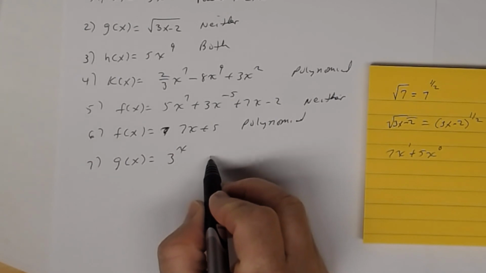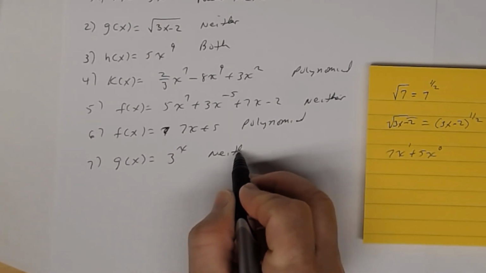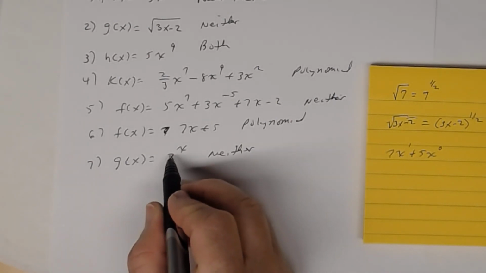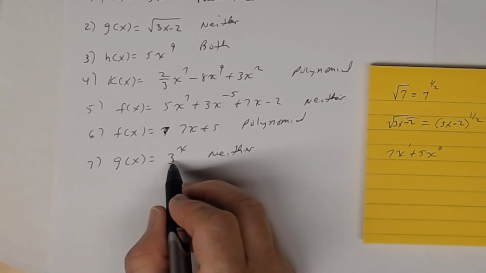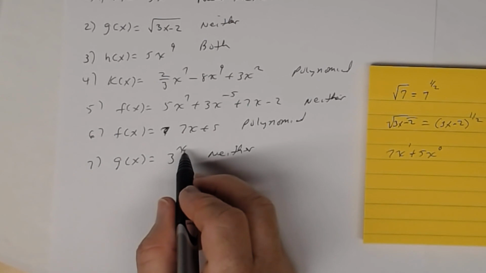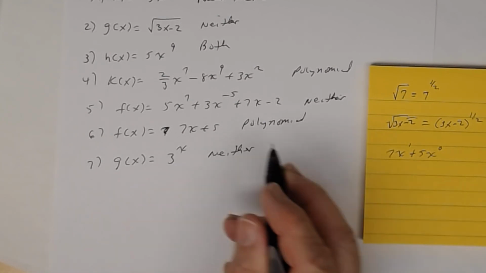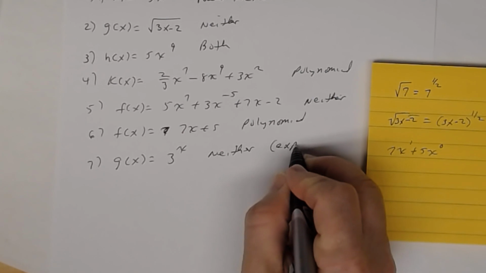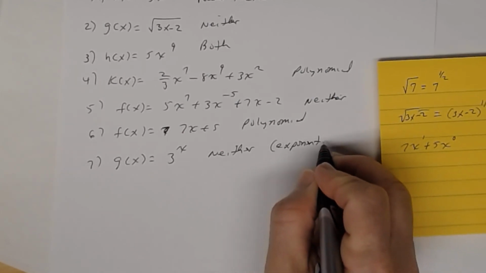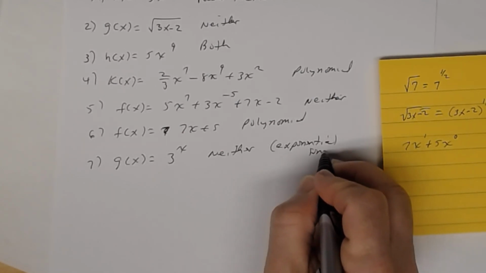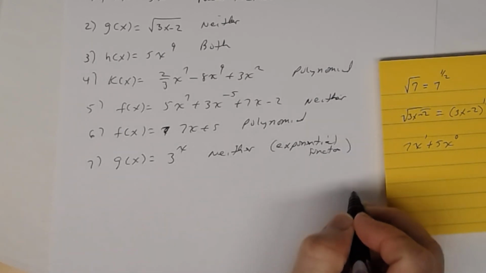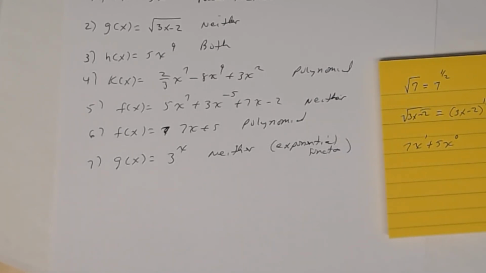Now you're going to learn in another section that when you have a base that is a positive real number, and your exponent contains a variable, this is an exponential function. So that would be an exponential function. We're going to put that here. So that's an exponential function. All right, so that's another section.